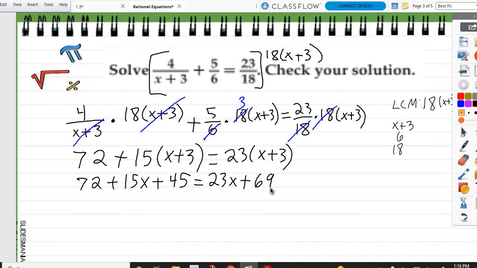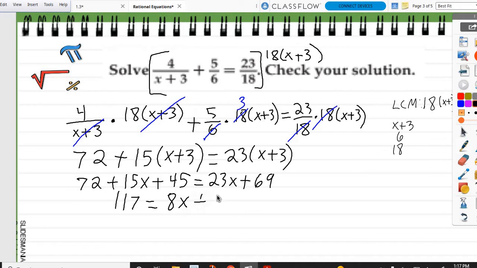So then 72 plus 45 on the left-hand side gives me what? 117.